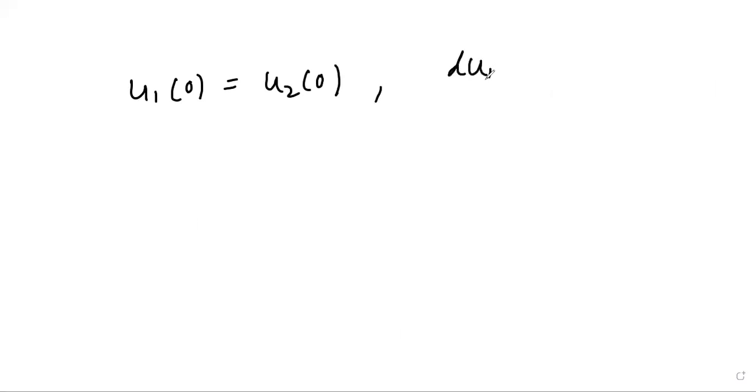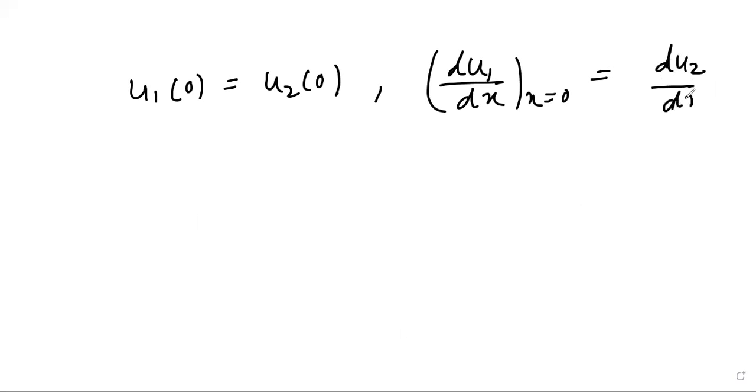Then du1 by dx at x equals 0 must be equal to du2 by dx at x equals 0. So at x equals 0, u1 is equal to u2, and their first derivatives are also equal.